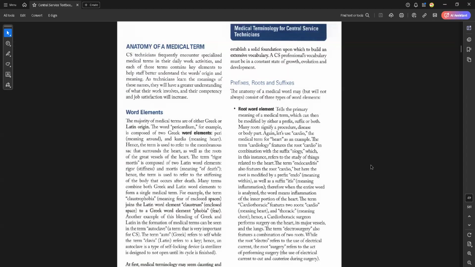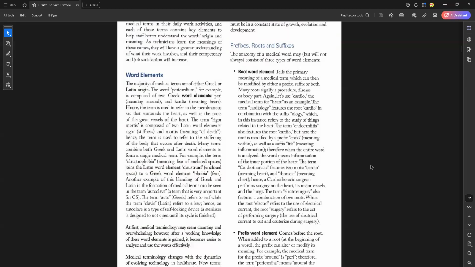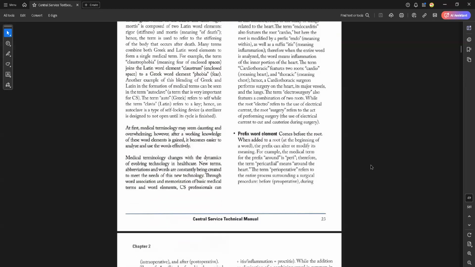Now, both the prefix and suffix modify or alter. For example, if I say around Michael, good. Now, we begin with the prefix. For example, I say around Michael, or beside Michael. Then you understand more that, oh, it is beside Michael.